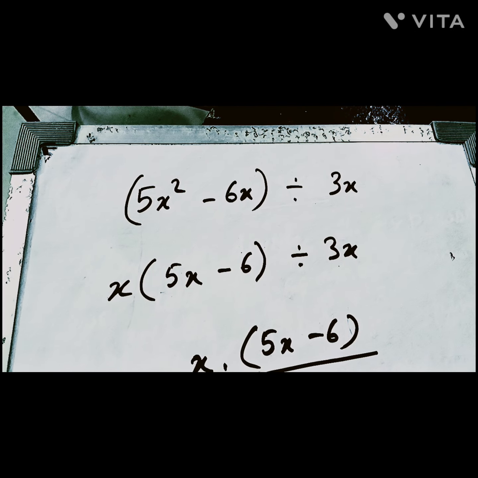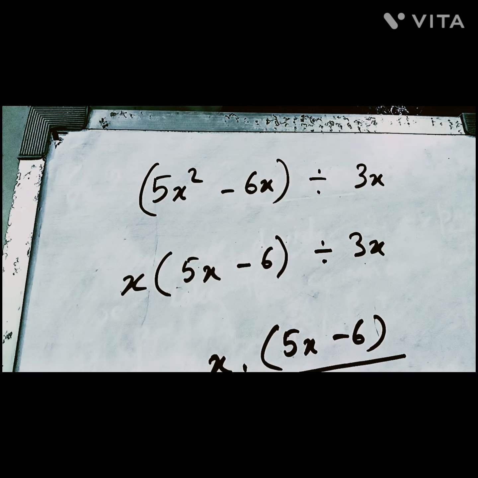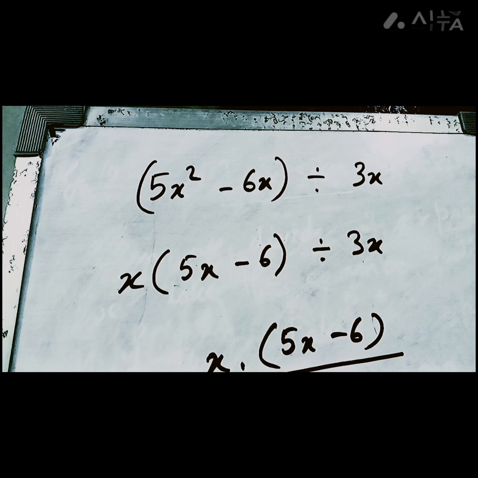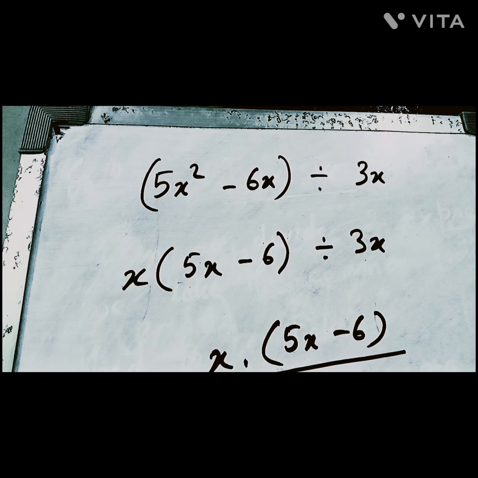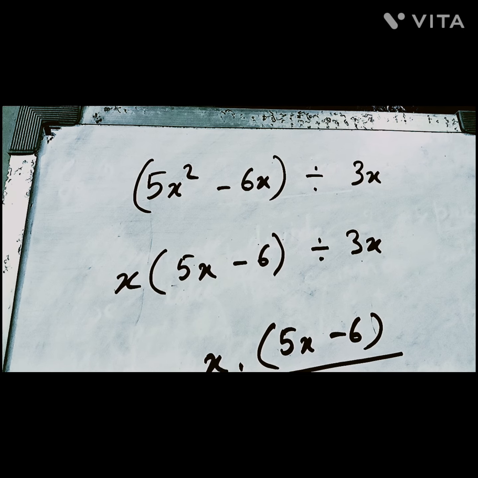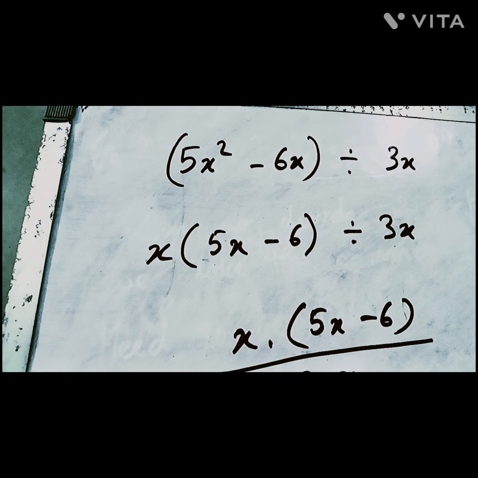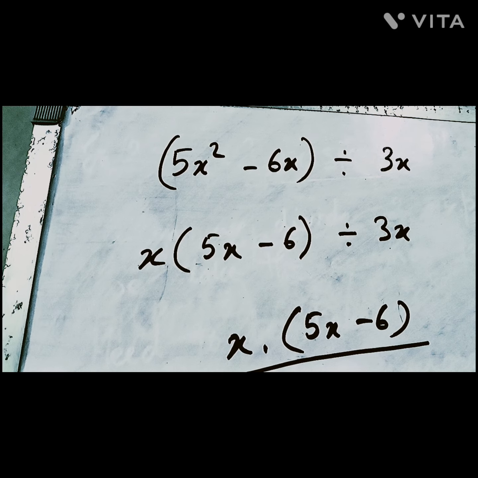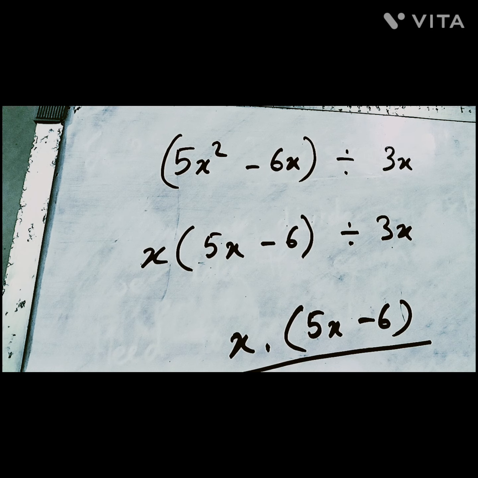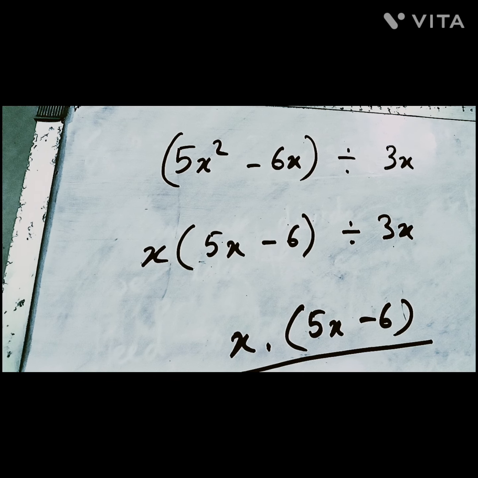The second example is 5x square minus 6x divided by 3x. Now we have to use what we understood from lesson number 1, that the first step is to get the common factor. In 5x square and minus 6x, the common factor is x. We take the x common outside the bracket. What is remaining is 5x minus 6.